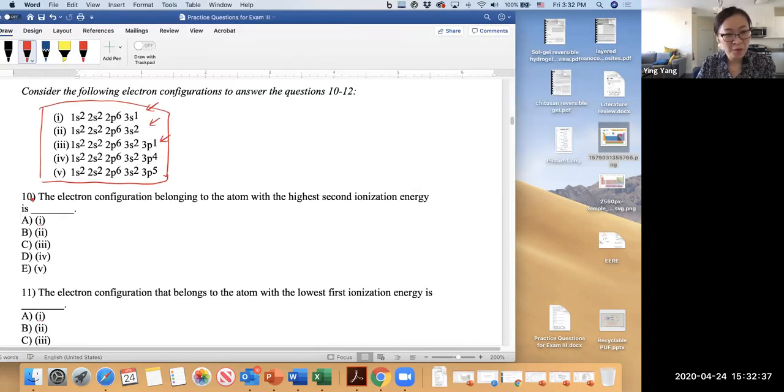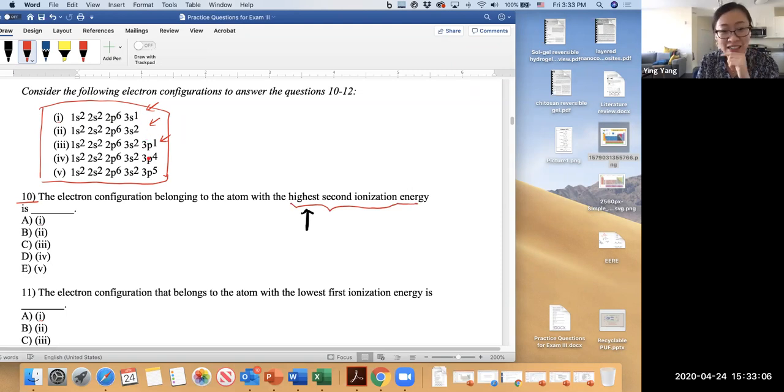Question number 10 is: the electron configuration belonging to the atom with the highest second ionization energy is. So we are asked to find the highest second ionization energy, not the first, but the second. This is confusing. How would I know which one would have the highest second ionization energy?